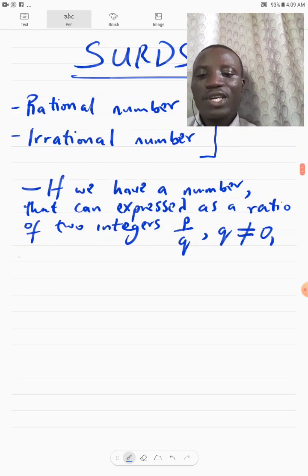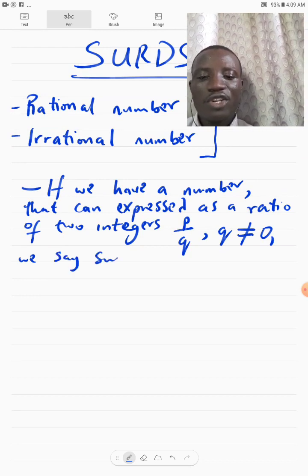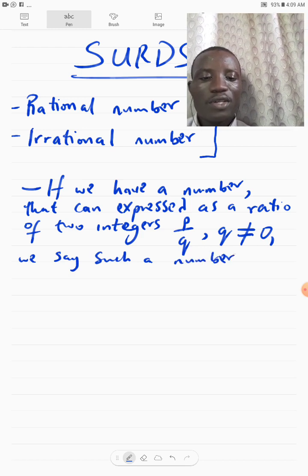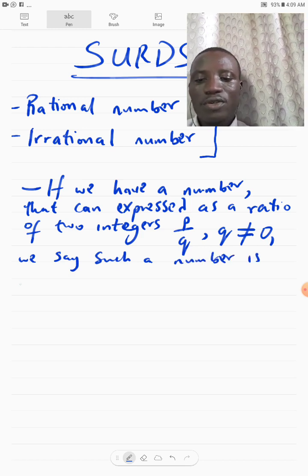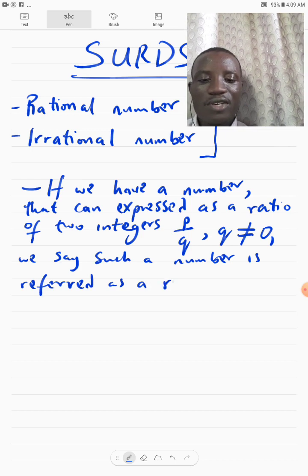So we say such a number is referred to as a rational number.